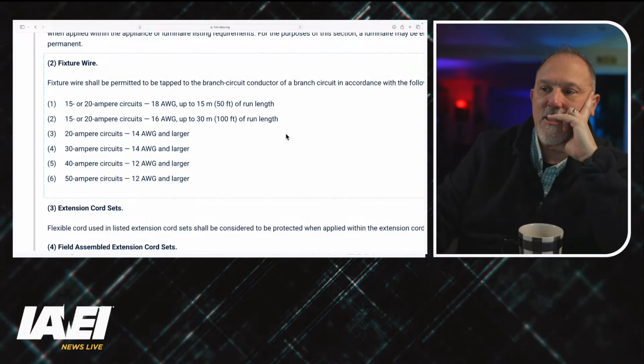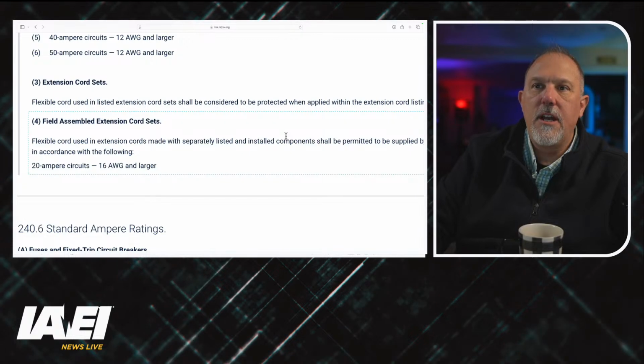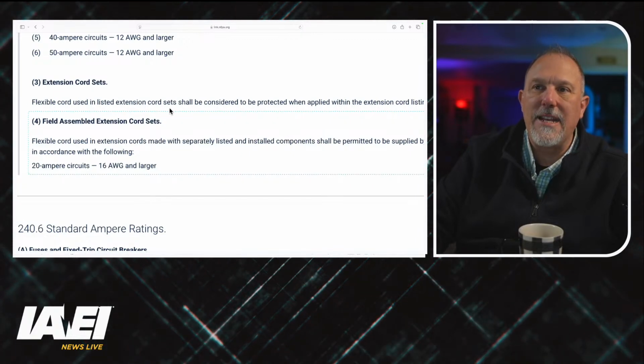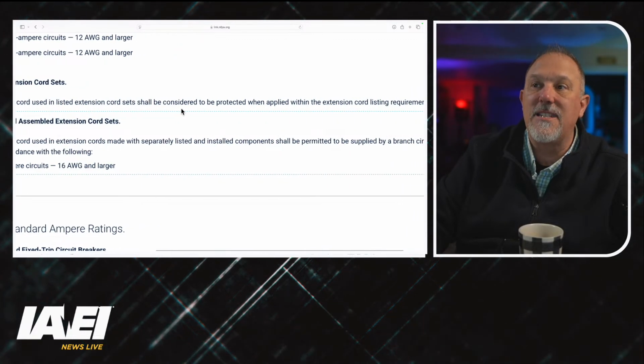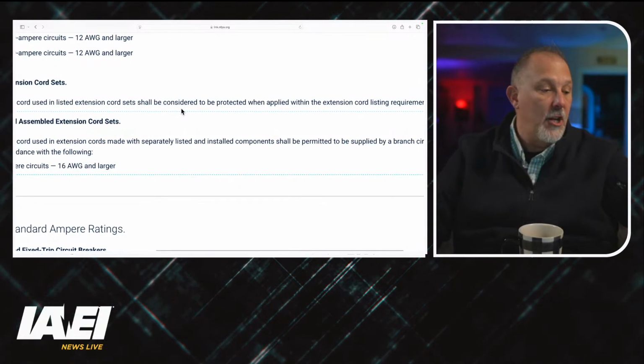Extension cords, flexible cords and cables. Flexible cord used in a listed extension cord set shall be considered to be protected when applied within the extension cord listing requirements. So if I have an extension cord, I can't run it under carpets. I can't run it through walls or through insulation.